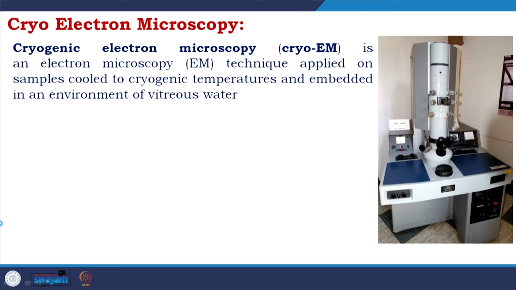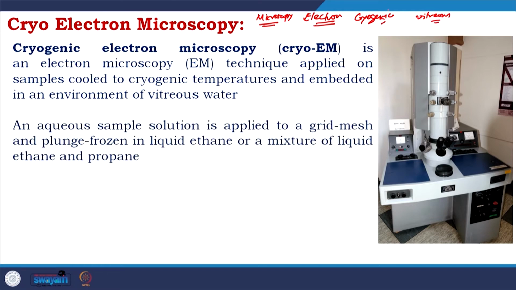So, I would say 4 words. First is microscopy. Second is electron microscopy, then cryogenic temperature is used and vitreous water. So, we will know about all of them.